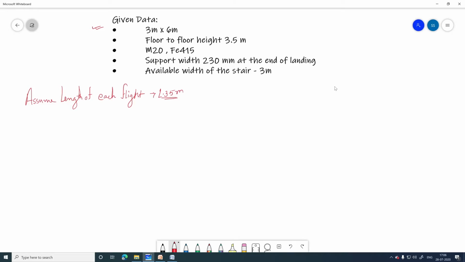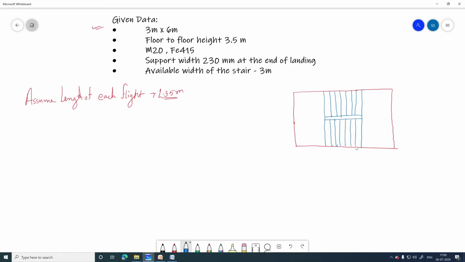That means, if we draw the staircase over here, flight means, as you already know, if we draw the steps over here, we considered the length of each flight is 1.35 meter.